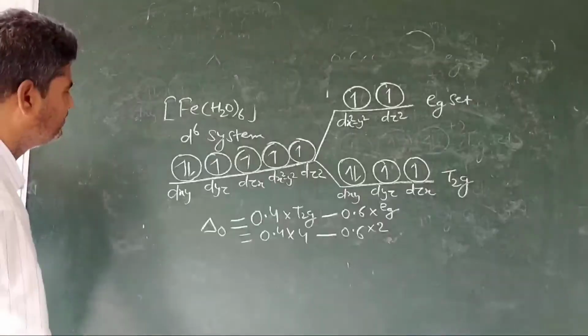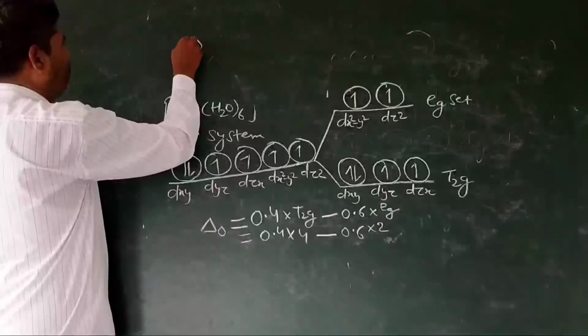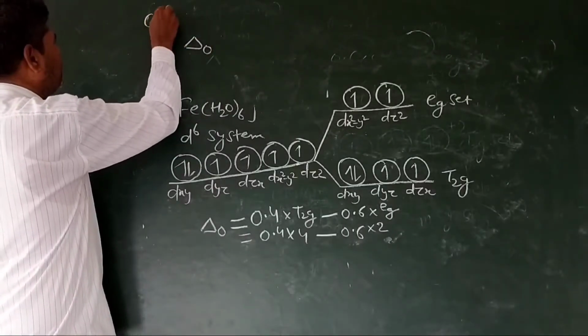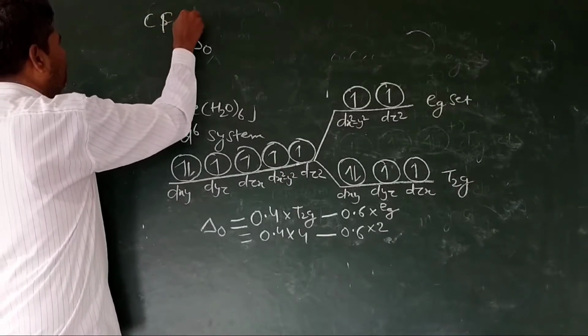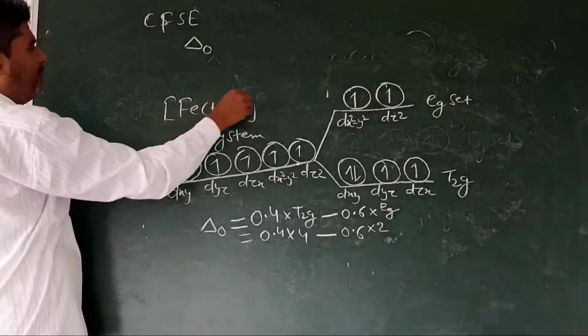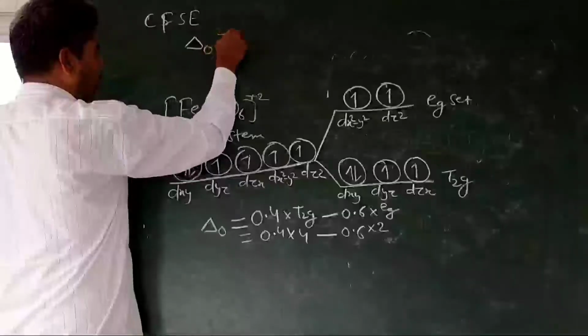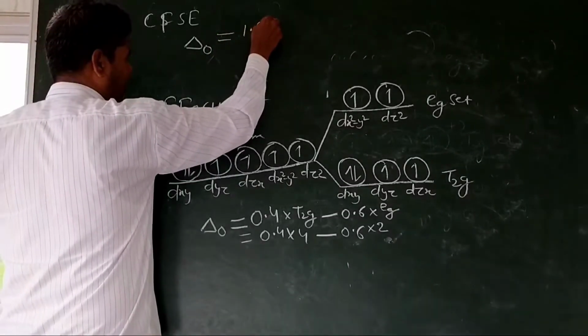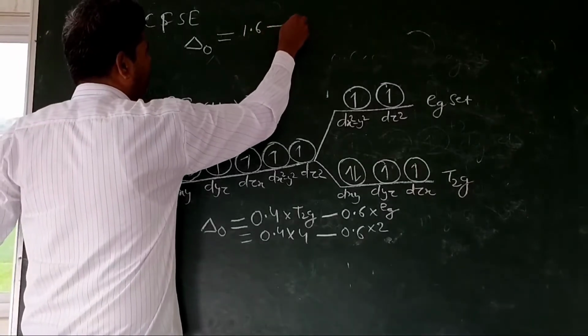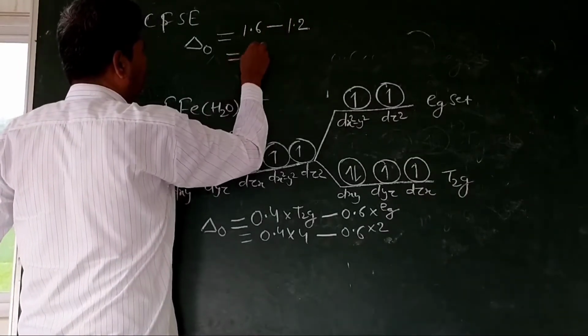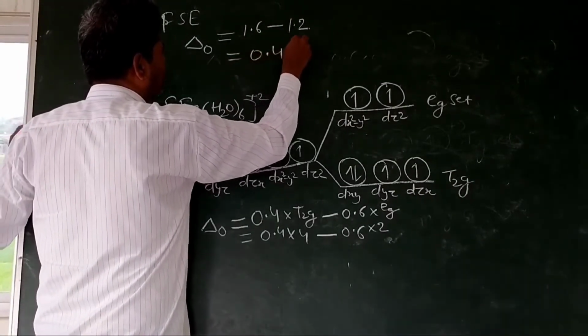Thus the crystal field stabilization energy, Δo, for this compound will be equal to 1.6 minus 1.2, which is 0.4 Dq.